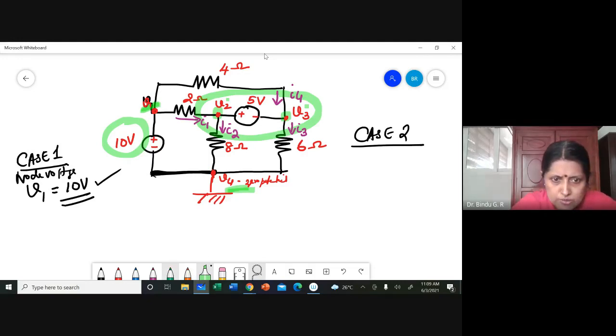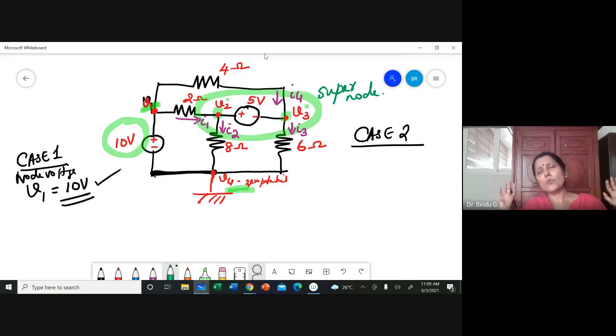The two non-reference nodes together form a supernode. Because the voltage sources have come in, because there is a supernode, we may have to apply KCL as well as KVL. In node voltage analysis, we usually apply only KCL, but in this case, you might need to apply KVL also.